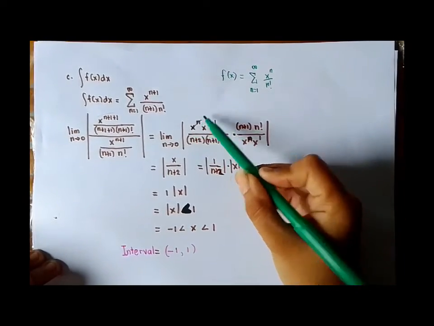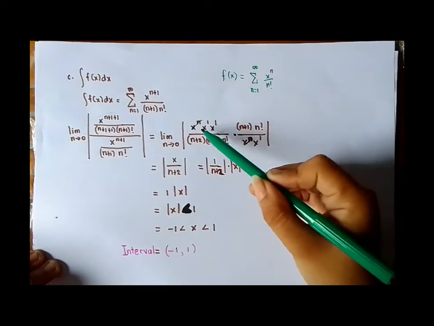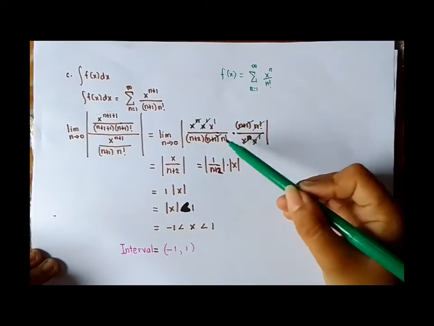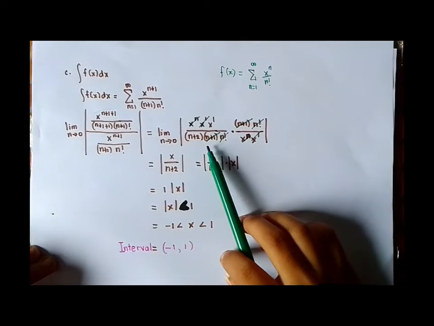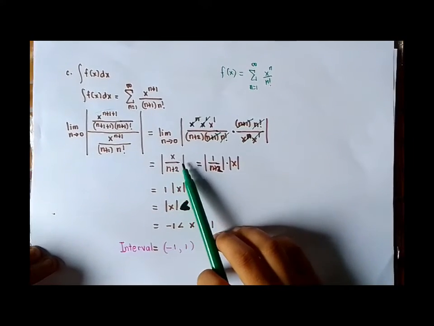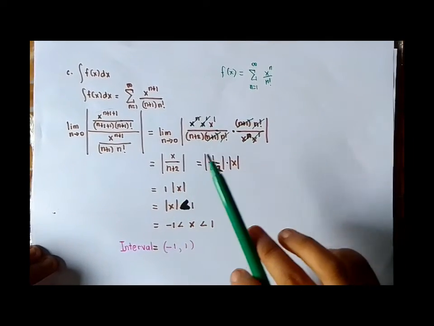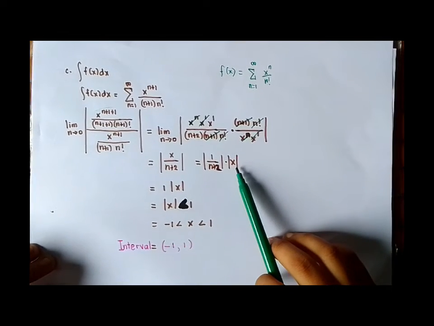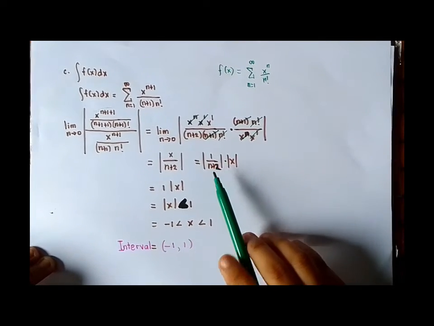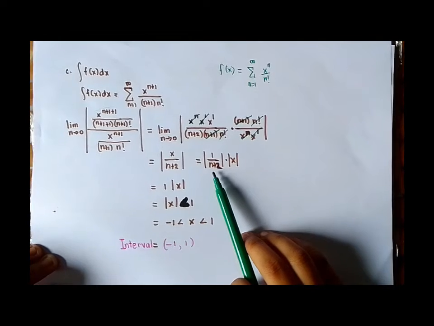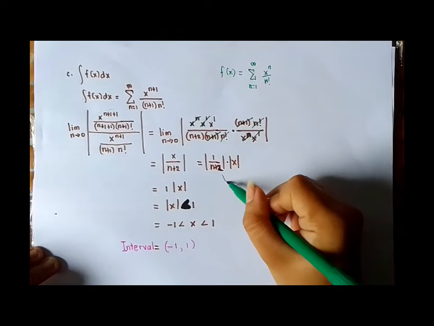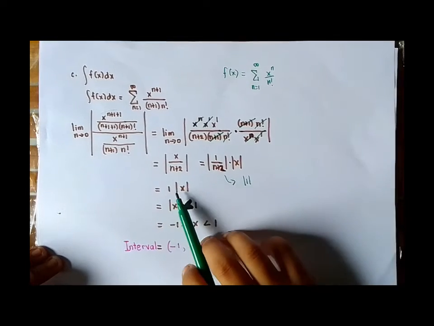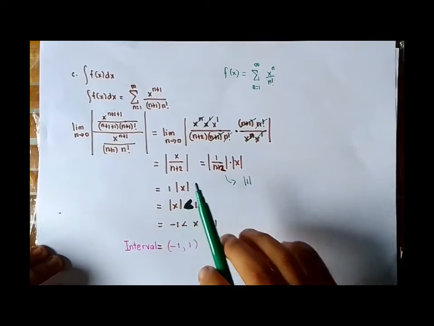We have x to the power of n, x to the power of 1, n plus 1, and n factorial. Then we have x over n plus 2, the absolute value, equals the absolute value of 1 over n plus 2 times x. Then 1 over n plus 2 is equivalent to 1 times the absolute value of x.